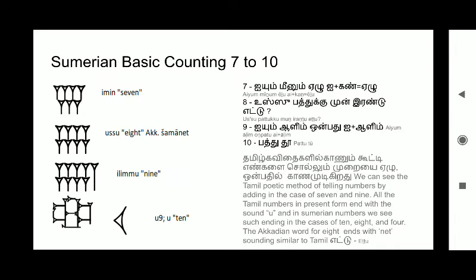But in the case of 10 we have U, where in Tamil it is Pattu, so it ends with U, and most of the Tamil numbers end with U, 1, 2, 3, like that. And even I limu 9, I plus lim is also having U.